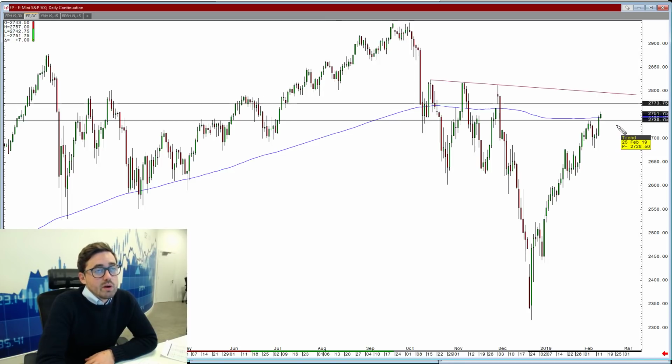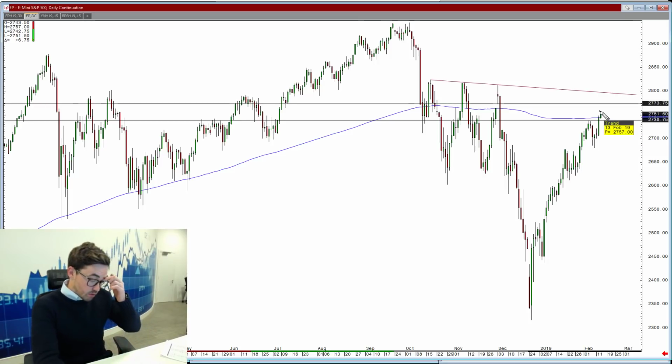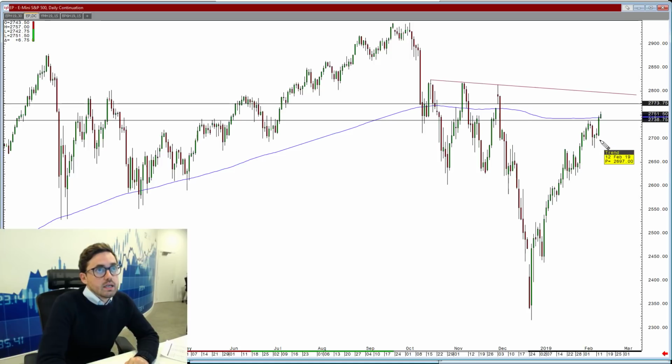I'd say that's almost an area for a bit of a stop if you were to get long or are long on the break of this trade. I think if we were to come back and close below 27.38, that sort of area, then really this move is sort of stalled for a bit.